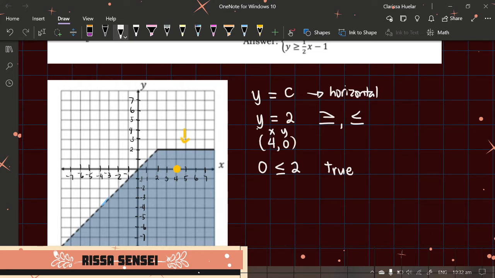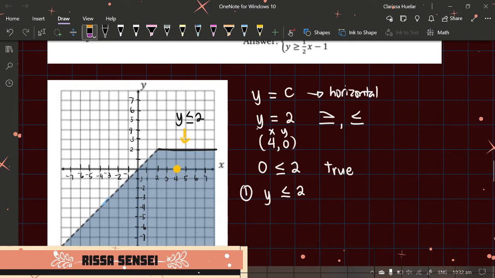Meaning, lahat ng values ng y dito ay mas mababa kesa sa 2. Therefore, our first inequality is y less than or equal to 2. The inequality nitong solid line is y less than or equal to 2. Okay?